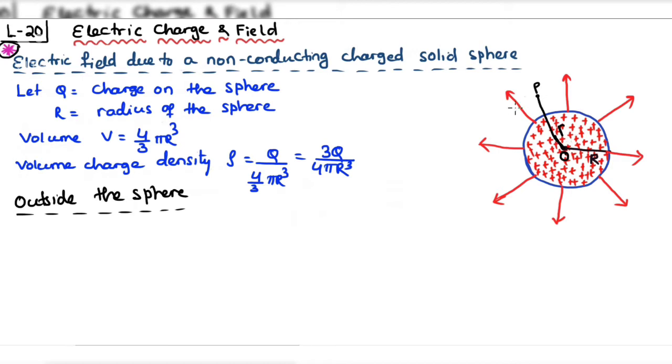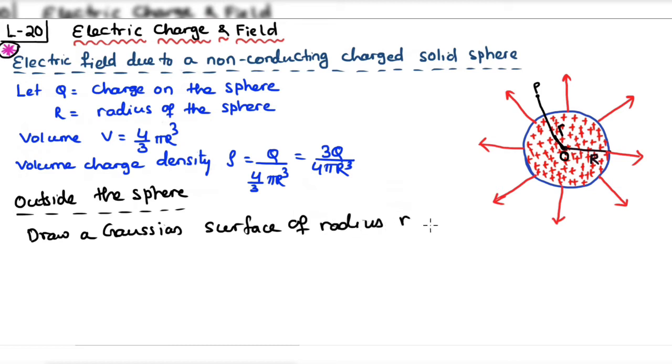Now we have to draw the Gaussian surface, and in this case the Gaussian surface will be spherical in shape. So let me draw a Gaussian surface of radius R centered at O. It means we have to draw a Gaussian surface whose radius is R, and the center will lie at the point O. The Gaussian sphere will be like this.